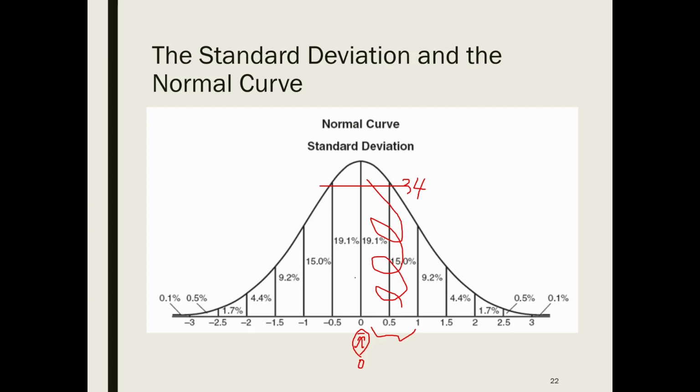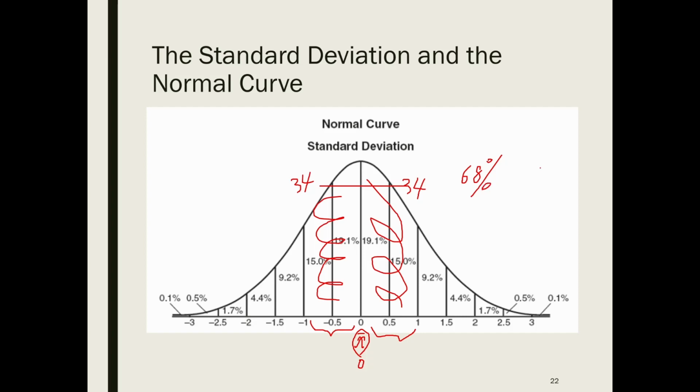And if you take a look at the one from negative 1 standard deviation, you will see this part. Since it is symmetric, the left side is identical to the right side, so this is also about 34%. You add them together, it's about 68%.